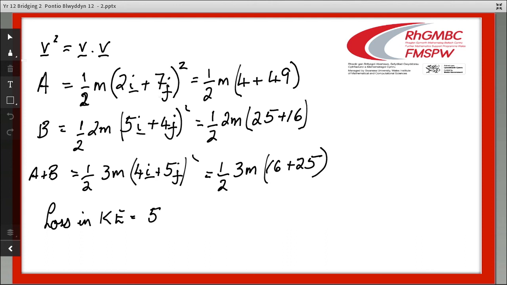That gives me 53m over 2, plus 25 and 16 is 41, doubled it is 82m over 2.